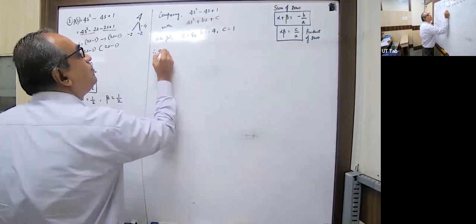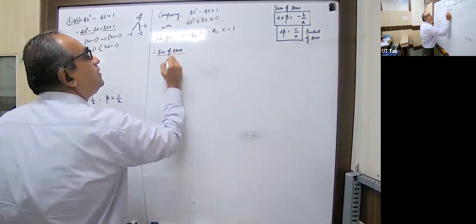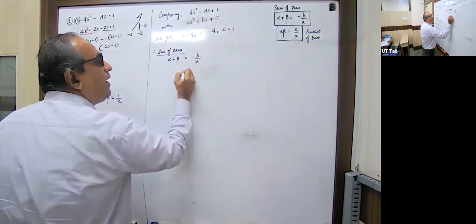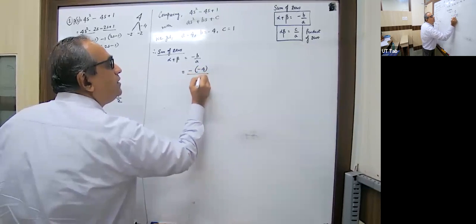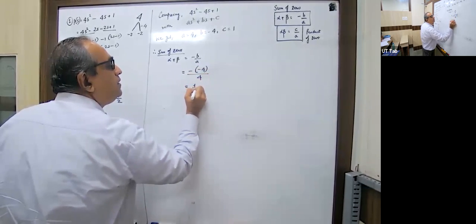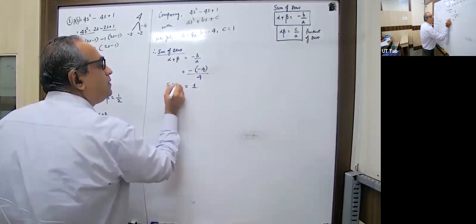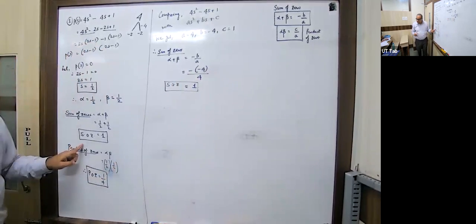Therefore, sum of zeros, that is alpha plus beta, is minus b by a, which is minus. What did I get as the sum of zeros?